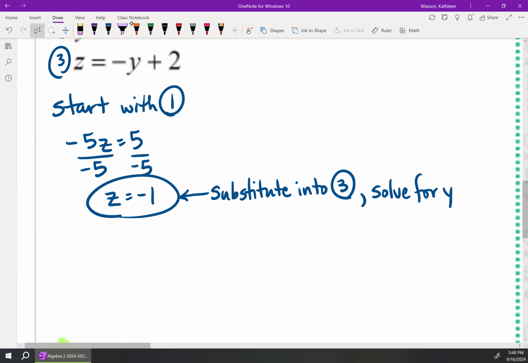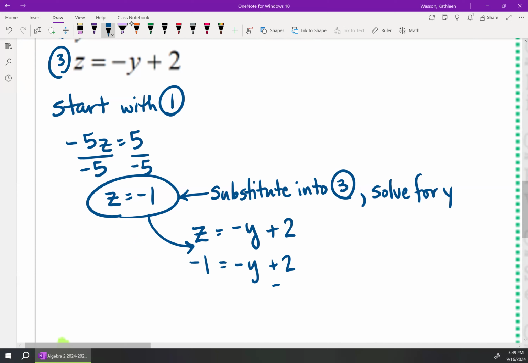So equation 3 becomes z equals negative y plus 2, and I said that z is negative 1, so I'll substitute there. Negative 1 equals negative y plus 2.